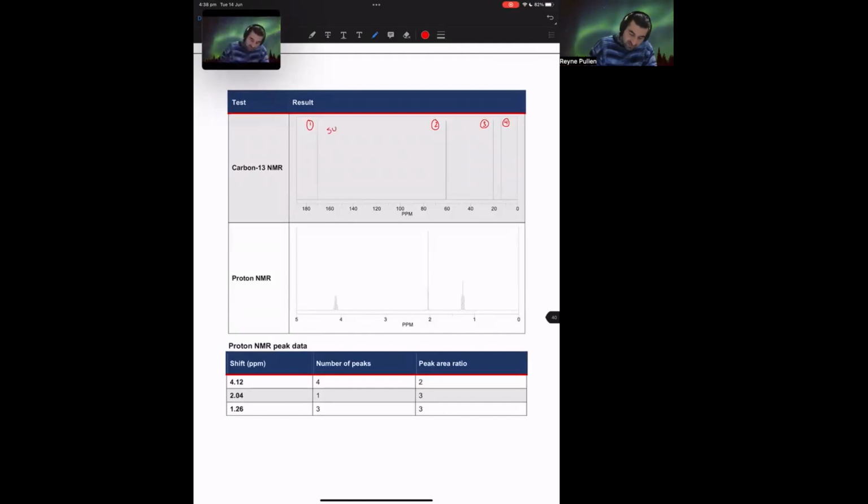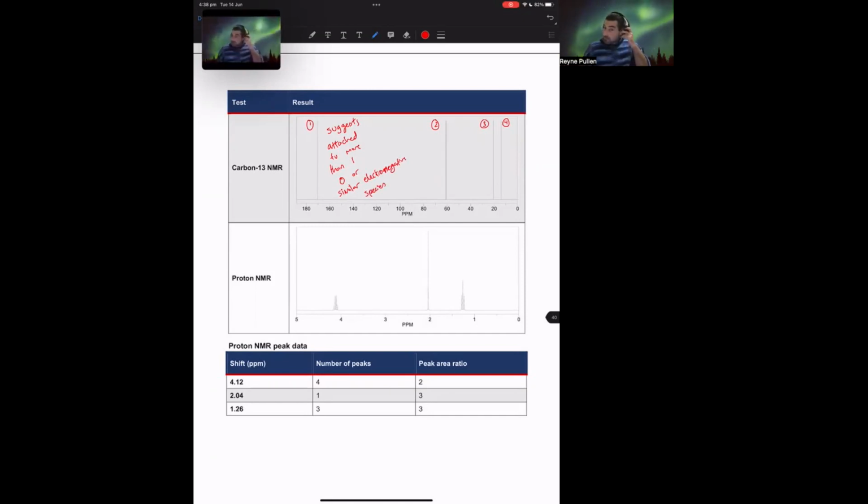So this suggests it's attached to more than one oxygen or similar electronegative species.